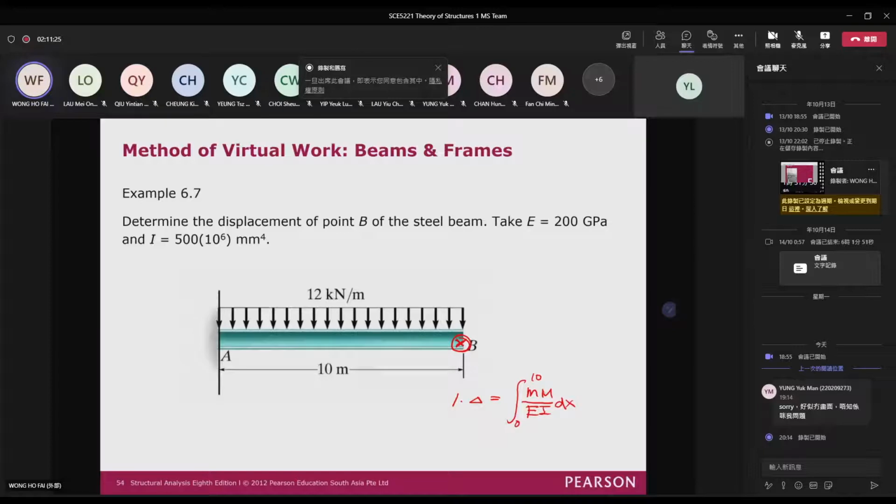The small letter m is actually due to the point load applied at this location. Then I can find the virtual moment. And for the beam, I can find the real moment. And I can substitute the values here, and then I can find the deflection at the point B.